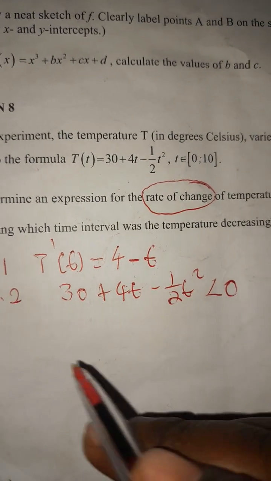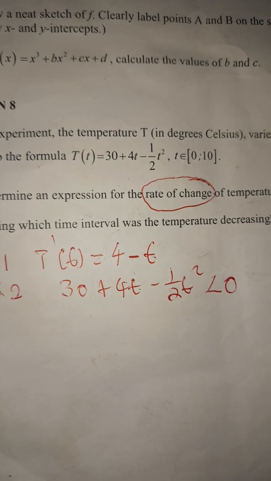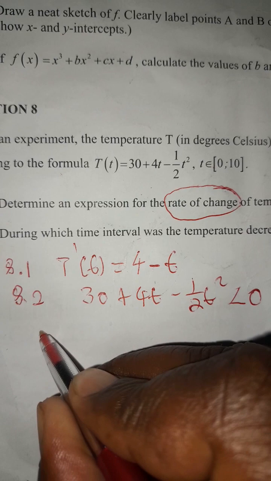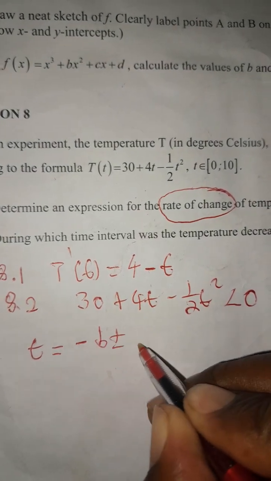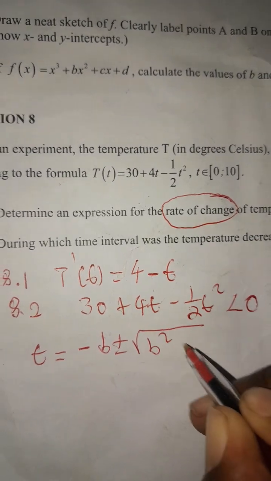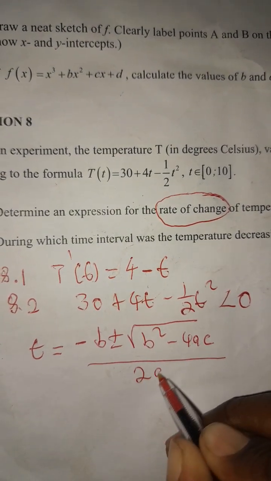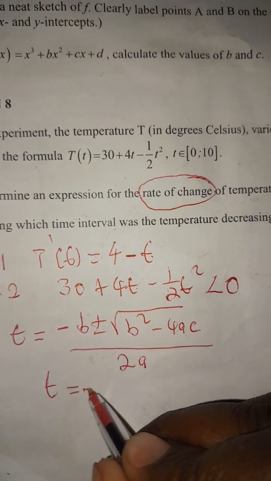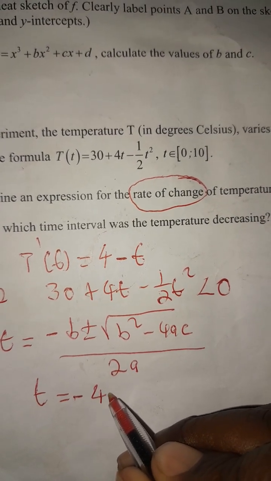So can you factorize this? No, it won't be factorized, but the simplest way is to use the quadratic formula. So we will say t equals negative b plus or minus the square root of b squared minus 4ac, divided by 2a. Let's plug in 4 as our b.